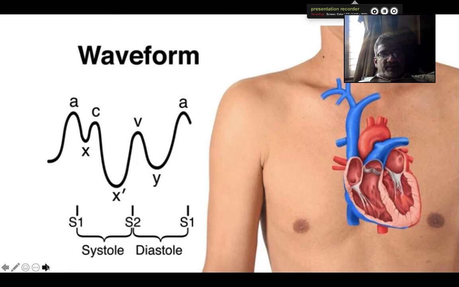So at the beginning of the X descent is the start of systole. Beginning of the Y descent is the start of diastole. These two are the two important facts. So negative deflections or the inward movements are more obvious, and you can see both the systole and diastole in the JVP.